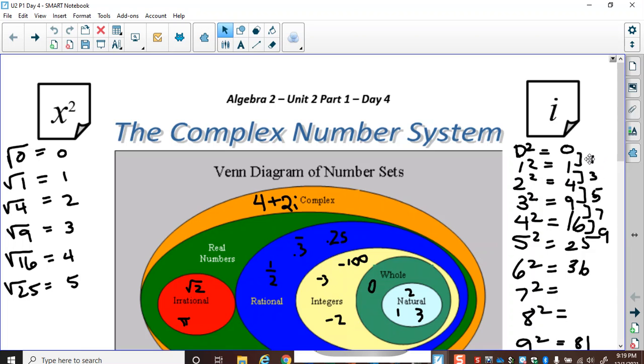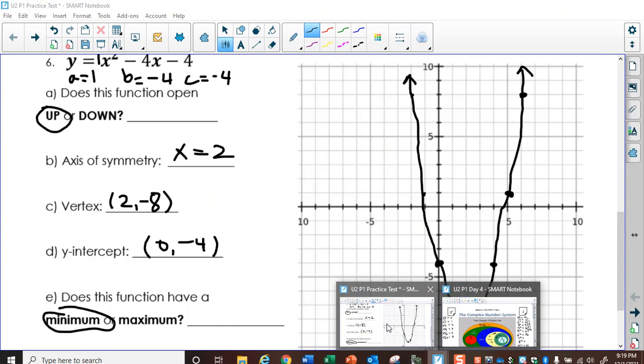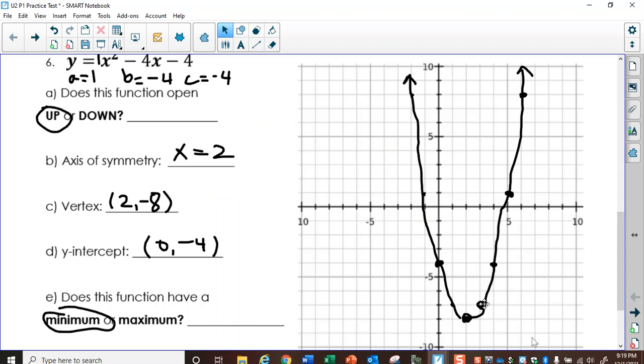And remember, the differences were 1, 3, 5, 7, 9. So that's the pattern between the different squares. And so that's why when you're graphing, you go up 1, then up 3, then up 5, and then up 7. And then you do that on the other side. Go up 1.